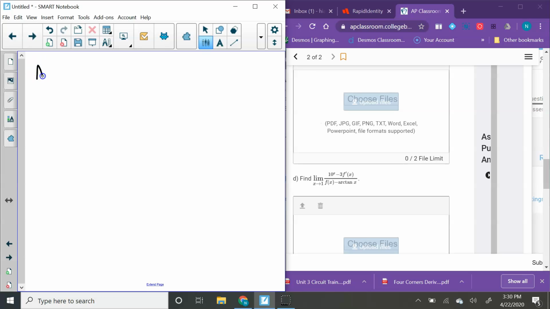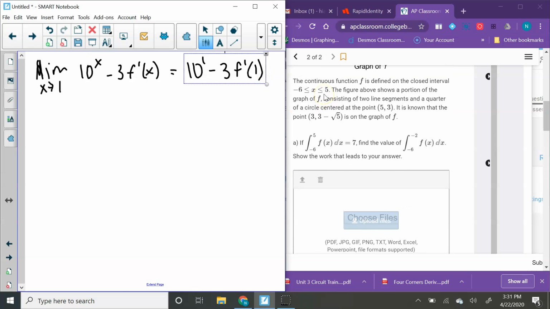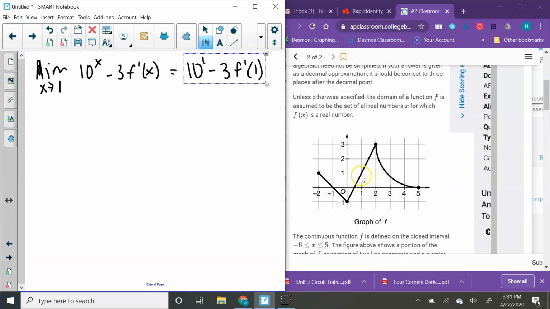So we'll first do the limit, as x approaches 1 of the numerator, so 10 to the x minus 3 times f prime of x is going to equal 10 to the first power minus 3 times f prime of 1, and our graph up here, f prime of 1, right here at 1, we have a slope of 2, so we're going to have 10 minus 3 times 2, which is going to give us 4.